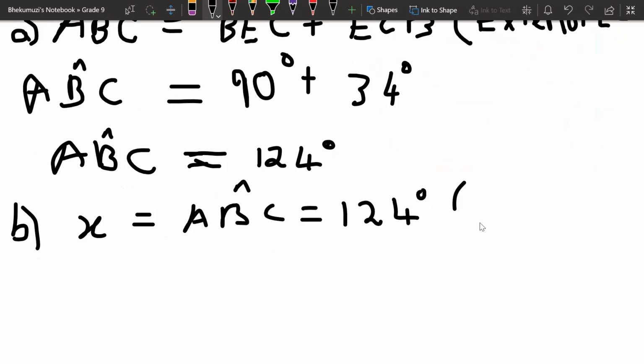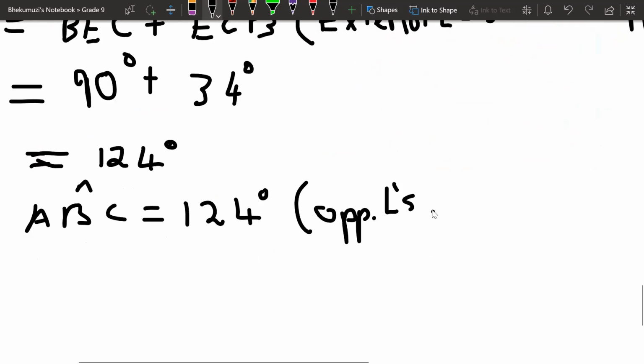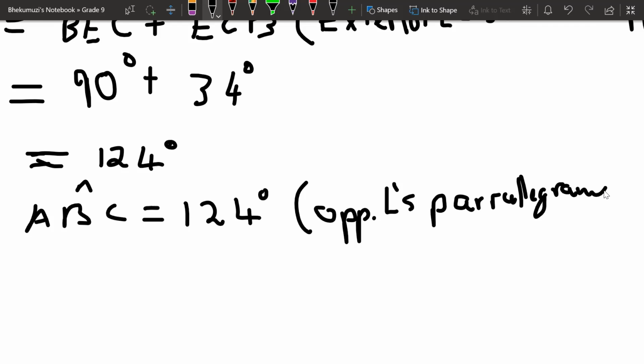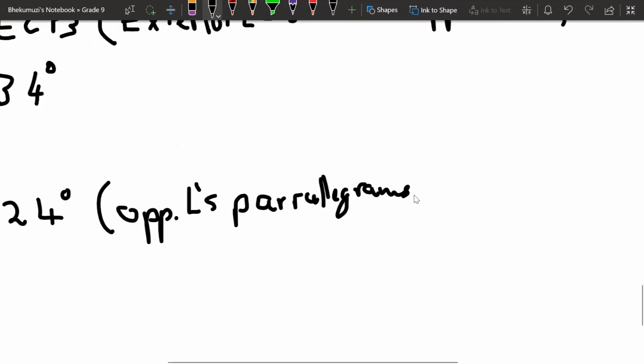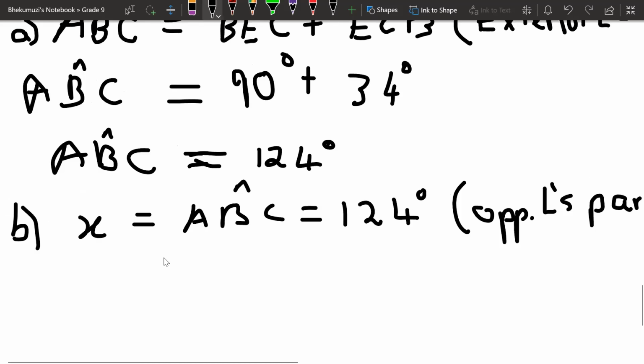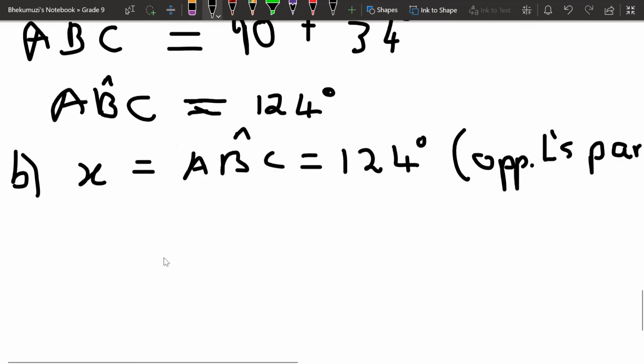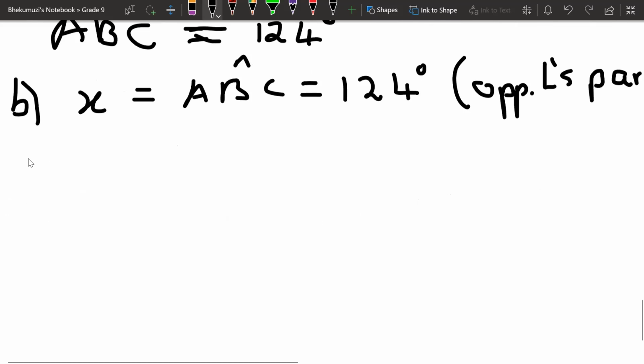If you know the shapes of quadrilaterals, then you can say that the opposite angles of parallelograms are equal, right? Okay. So the opposite angles of parallelograms are equal, and that's why X is also equal to ABC, which is equal to 124 degrees. And then we have C.